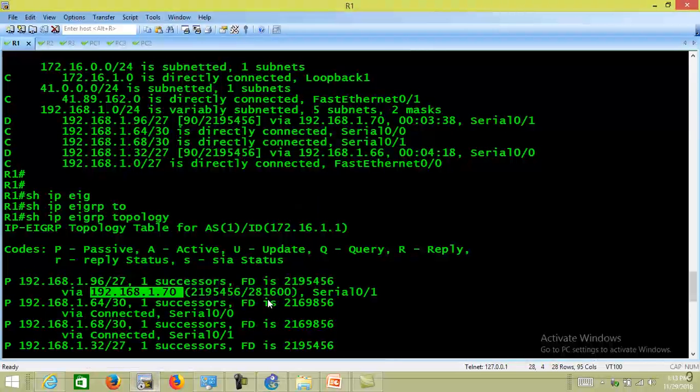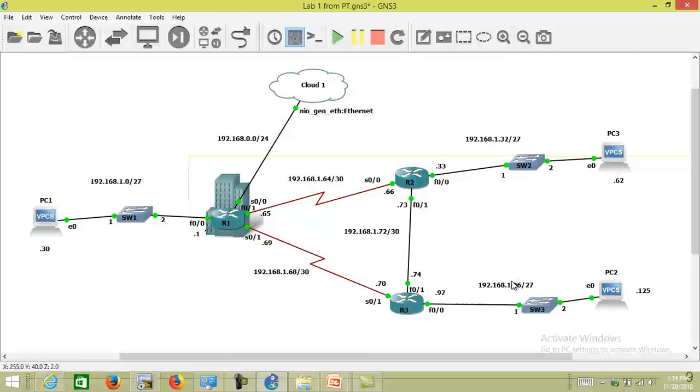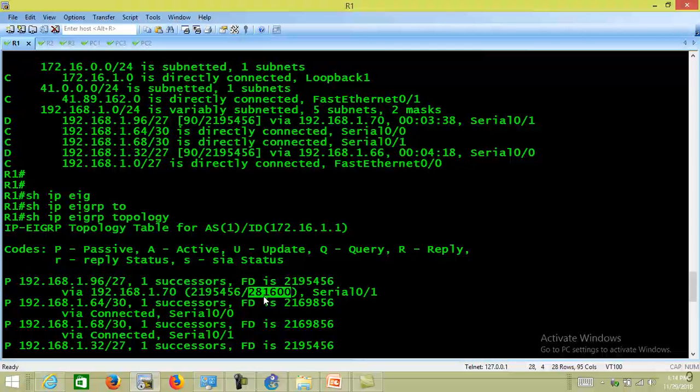Where was I? Router 3. Router 3 is our successor. You can see it is one successor, and this is the reported distance, meaning that router 3, so the network in question is this one. Router 3 has a reported distance of that.